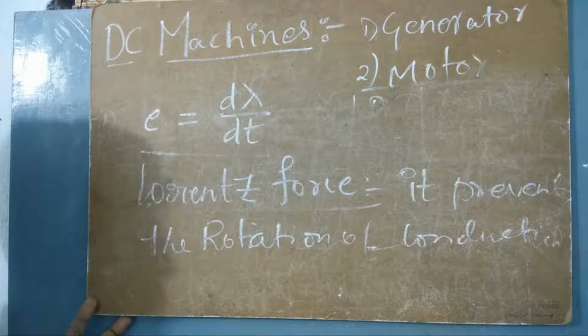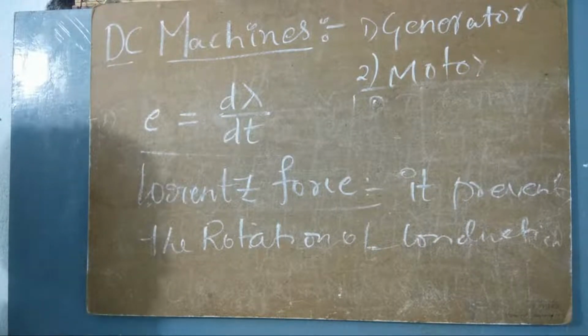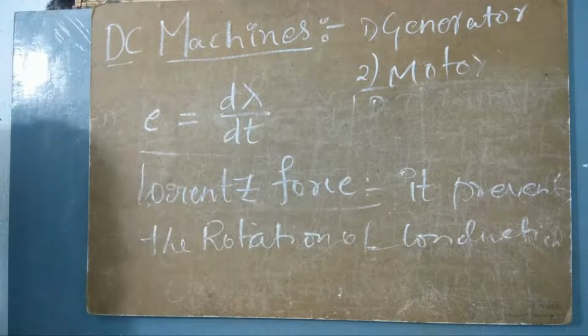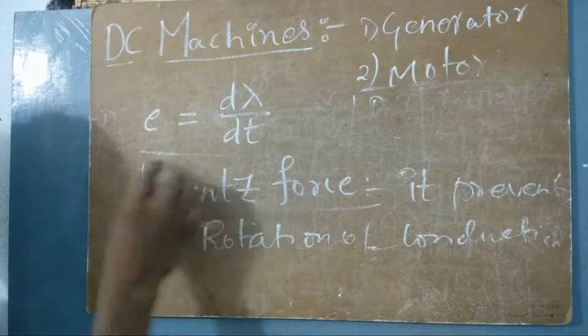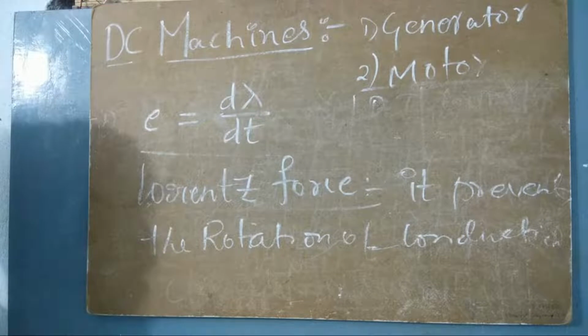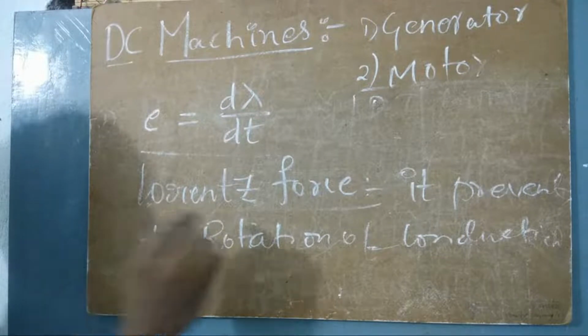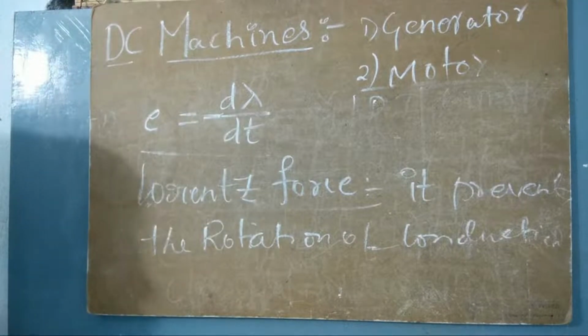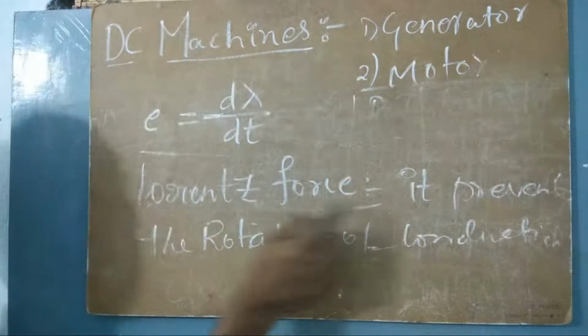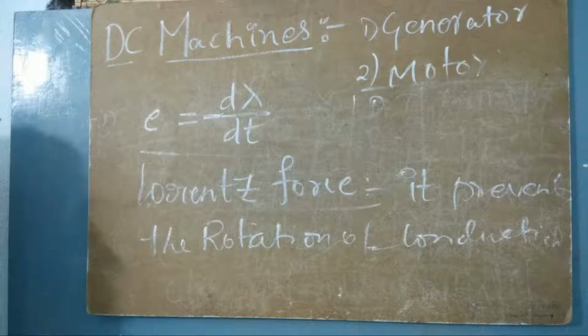That resistance to moving the shaft is nothing but the Lorentz force. The force that it puts on the rotor part, or the single coil, is nothing but the Lorentz force. Because of this Lorentz force, this EMF turns out to be negative d lambda by dt, only because of this Lorentz force acting in the opposite direction.